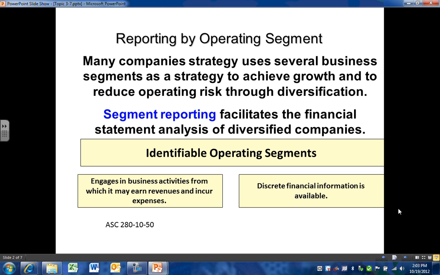The other thing we need to have is discrete financial information available. Again, the constraint of the cost benefit. If it would cost more to break out segment information than the benefit the users would derive, a company does not have to break out into every feasible, identifiable operating segment.